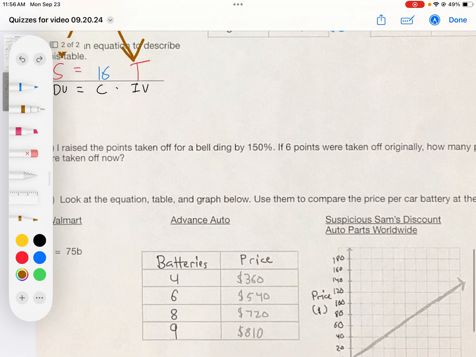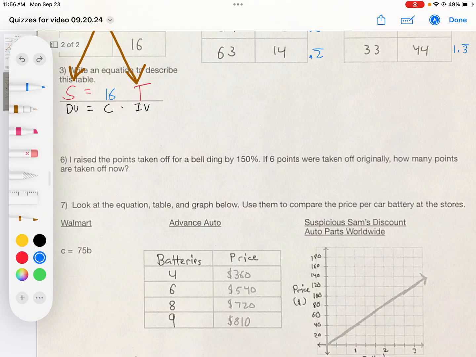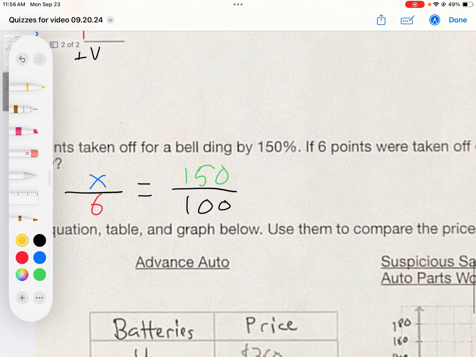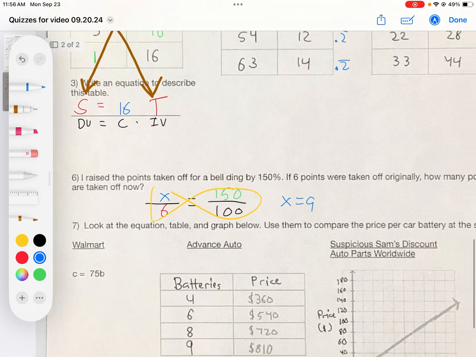Other side of the quiz, number 6, same idea. I raised the points taken off for a bell ding by 150%. If 6 points were taken off originally, how many points are taken off now? First step is I am finding that 150% of 6. So if I'm asking what is 150% of 6, there's my proportion. I do the fish method, come around, get an answer of 9, but again, I'm not done.